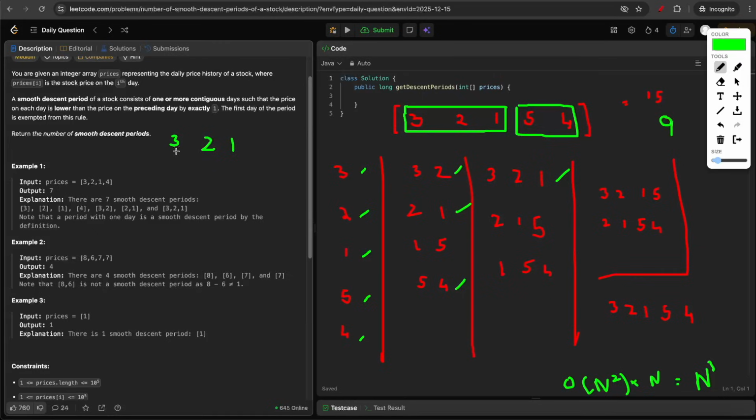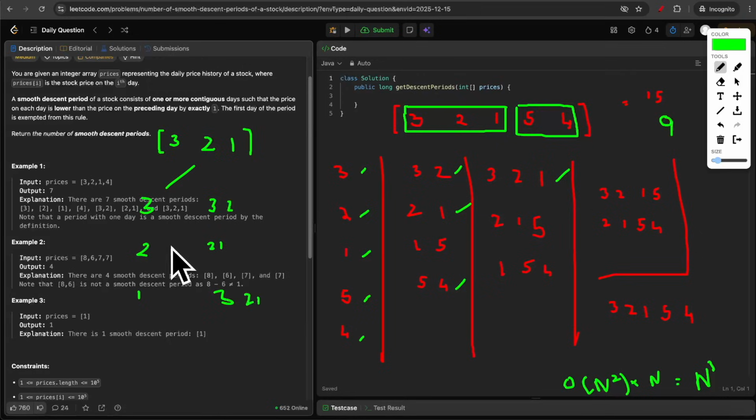Once we know that a subarray is a smooth descending period, we divide it into all possible subarrays. Each of the subarrays will also be a smooth descending period because the entire array itself is decreasing by 1. If we list them out, we have first 3, then 2, then 1, then 3, 2, then 2, 1, and finally 3 to 1.